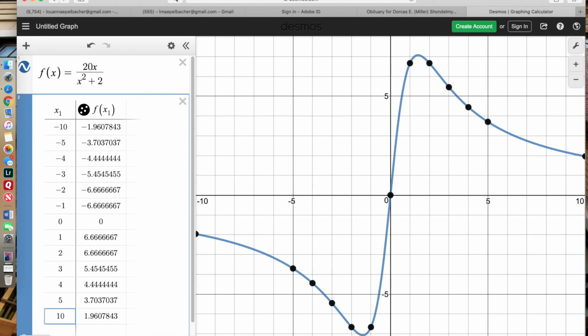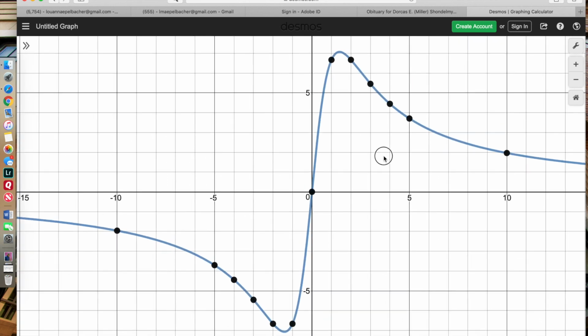And in that case, you can get a feel for the shape of the graph as it's going on the left and on the right toward the horizontal asymptote. Did you notice that this is an odd function because it has point symmetry, rotational symmetry about the origin of 180 degrees?